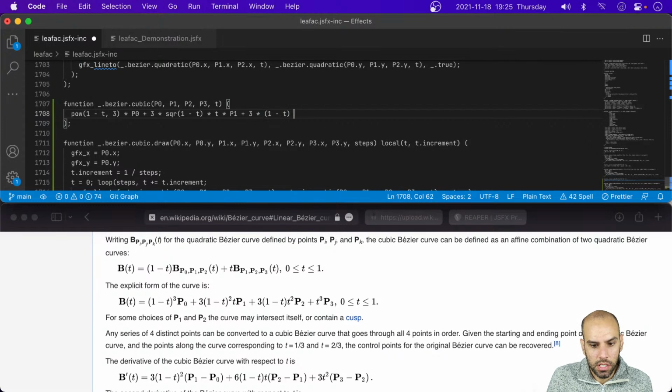One minus t times the square of t times P2 plus power of 3 of t exponent 3 times P3.